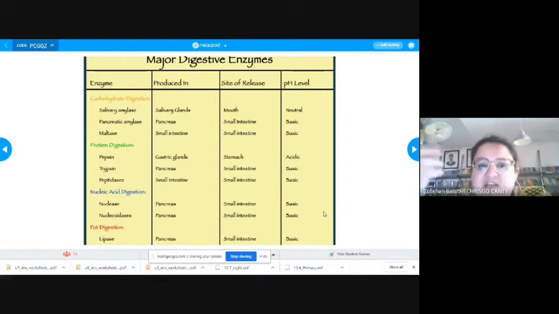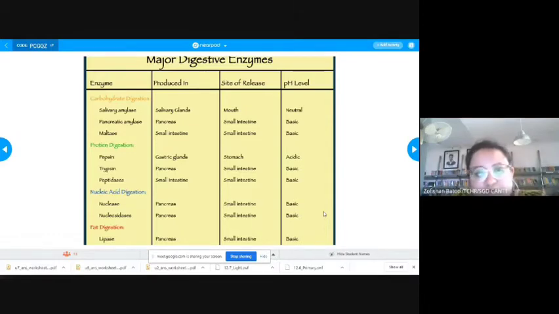That's why the enzyme secreted in the stomach, pepsin, is different from the one secreted in the small intestine. Why? Because of the difference in pH. In the small intestine the pH is almost neutral, and in the stomach it is acidic. So we have pepsin for protein digestion in the stomach and trypsin in the small intestine.